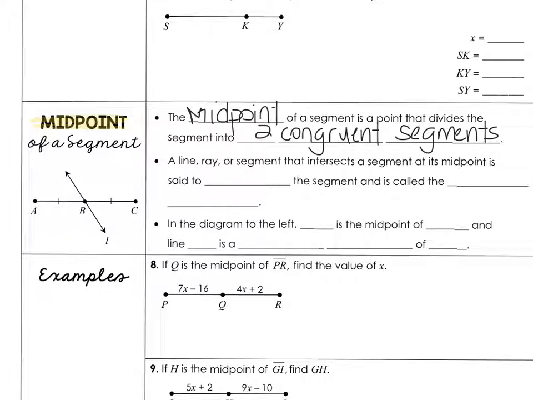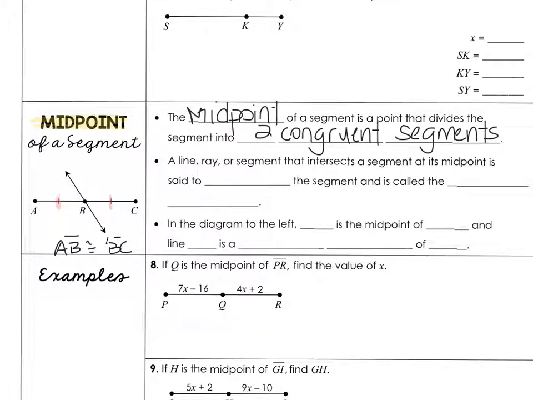So if I know, looking at this diagram over here, that segment AC has a midpoint of B, it divides it into two congruent segments. And we can mark those with those little tick marks. And I furthermore know then that AB is congruent to BC.